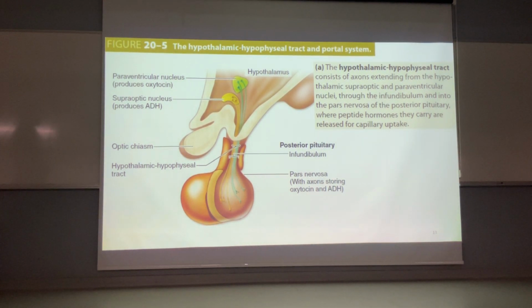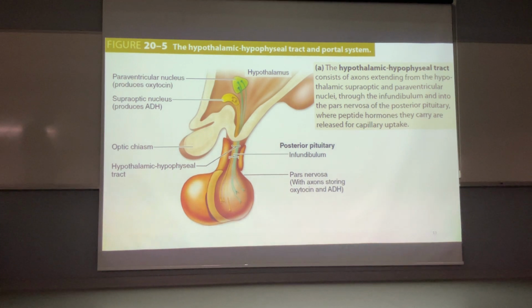In the neurohypophysis, we have a tract which originated from the hypothalamus and connected with the infundibular part. Here you can see this connection, axons and tract, which come to the pars nervosa. In the hypothalamus, we have two nuclear parts, the paraventricular nucleus and supraoptic nucleus.